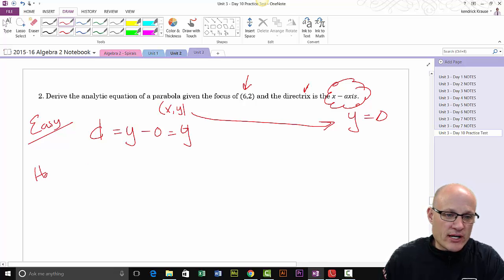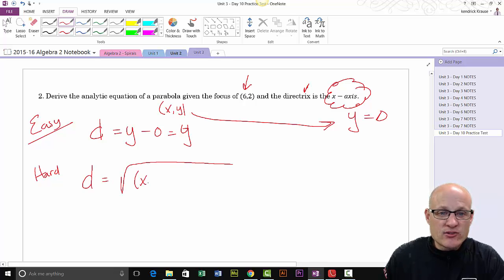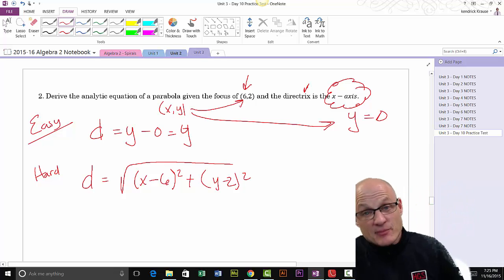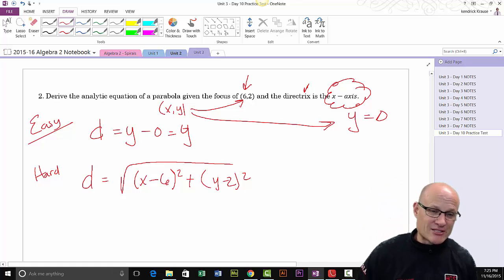And then hard, we got to find the distance between the 2 points. So it's going to be x minus 6 squared plus y minus 2 squared. The distance between these 2 points. Set them equal to each other, just as we've done before.